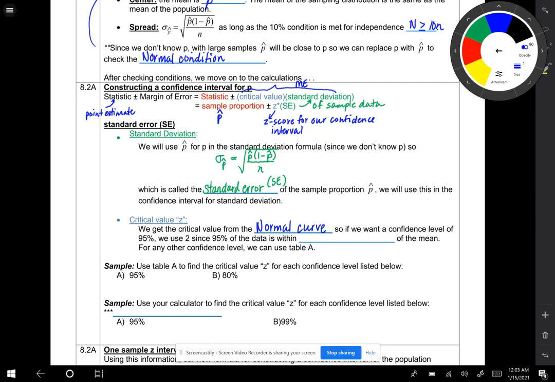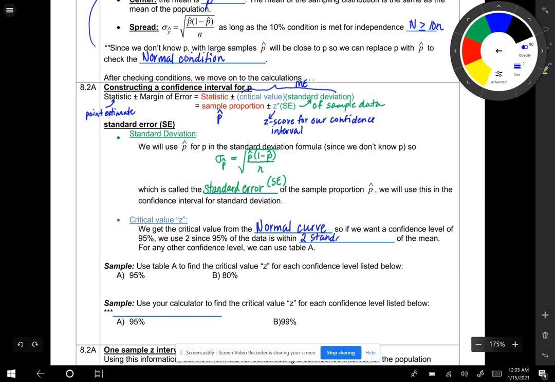If you remember the empirical rule from first semester, within 1 standard deviation of the mean, 68% of our data falls, 2 standard deviations would be 95%, and 3 standard deviations would be 99.7%. So that's why we can use 2 standard deviations as an estimate. It's not exact, but you could use that.